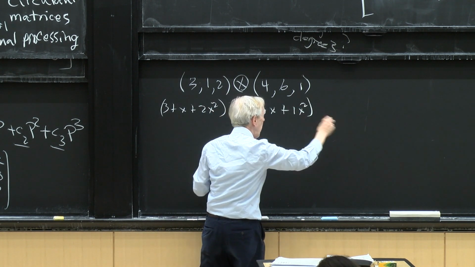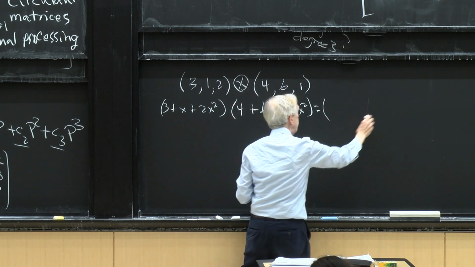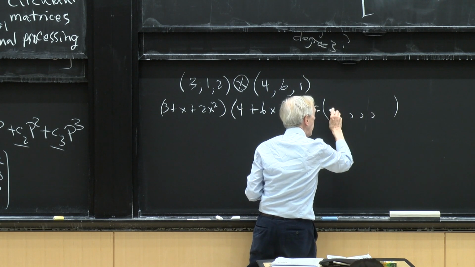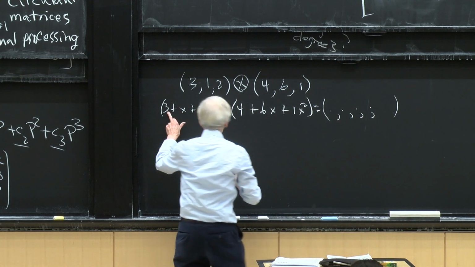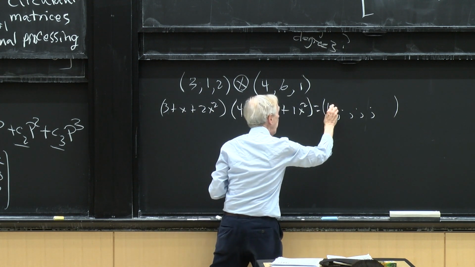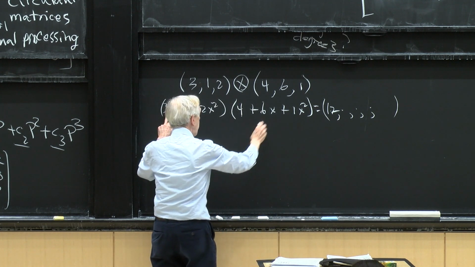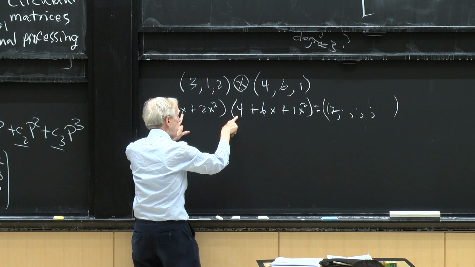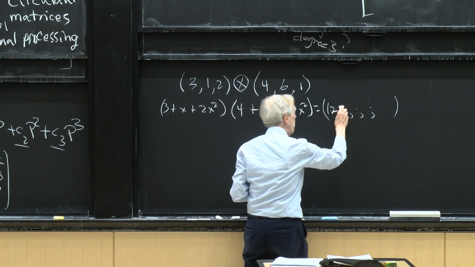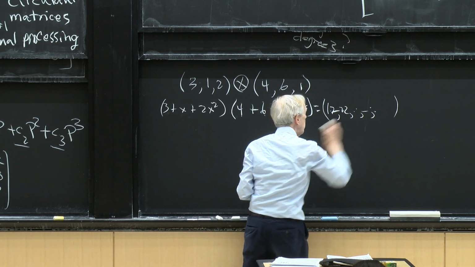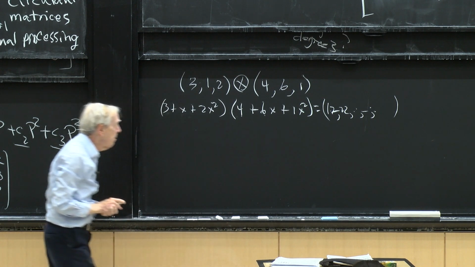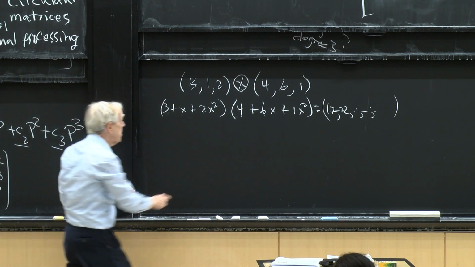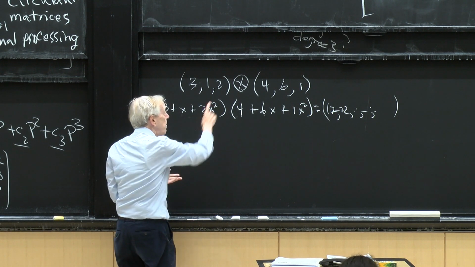I just multiply them out. 3 times 4 gives me a 12. 3 times 6x is 18x, but I've also got 4x from here, so I've got 22x. So I just do that multiplication of polynomials, and what I'm doing is convolution of the vectors.